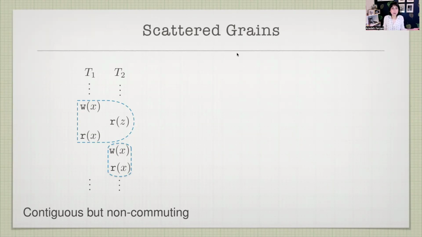But based on the bad luck of the observed run, that read of Z is appearing in the middle, and I'm only letting myself pick contiguous grains. So I have no choice but to include that read of Z into this grain. But the moment I include it, the two grains do not commute, because commuting them would break thread order. So in a sense, I would lose even before I start.